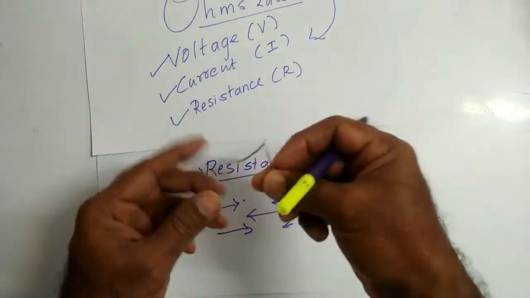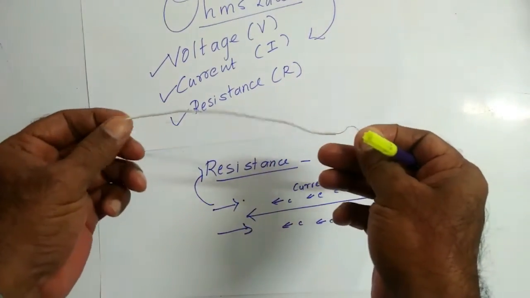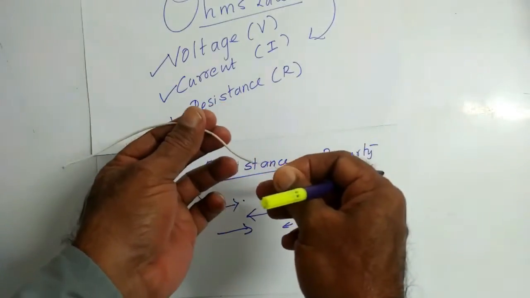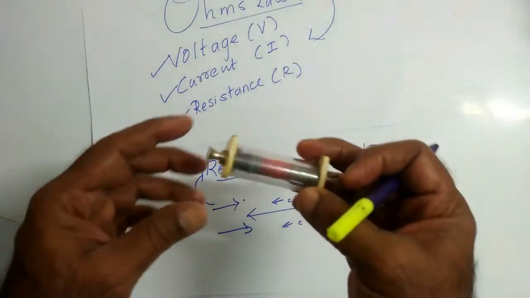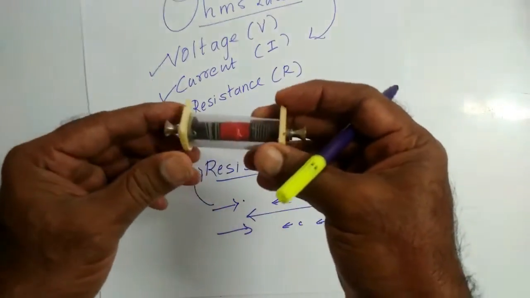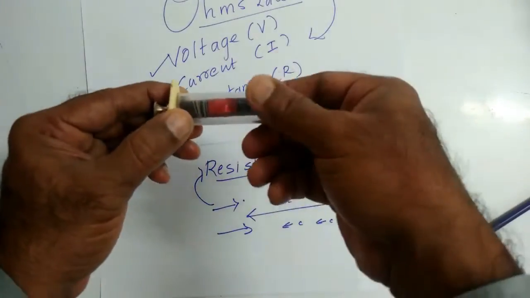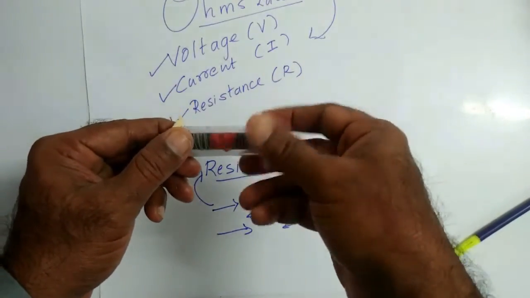Now I have a copper wire here. Its resistance is different than a wire which is wound. I'm going to open this here and show you what is inside.